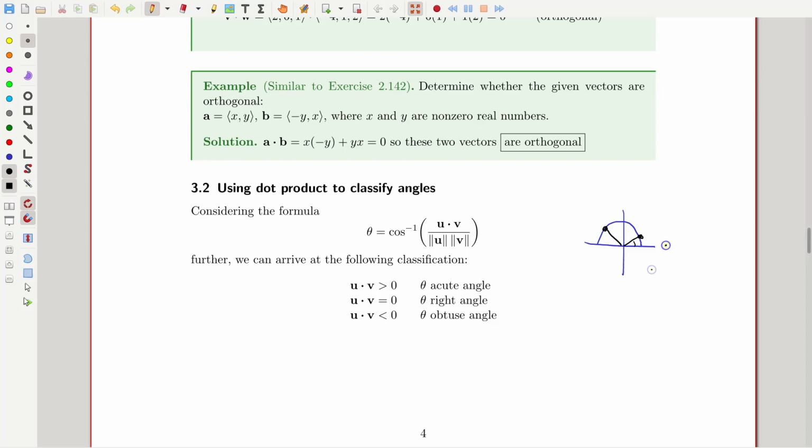Since cosine is the x-coordinate, it returns an angle in the first quadrant if what you've plugged into inverse cosine is a positive number.